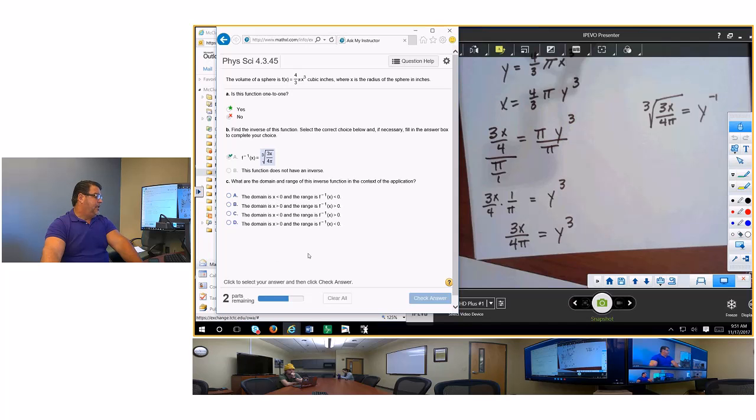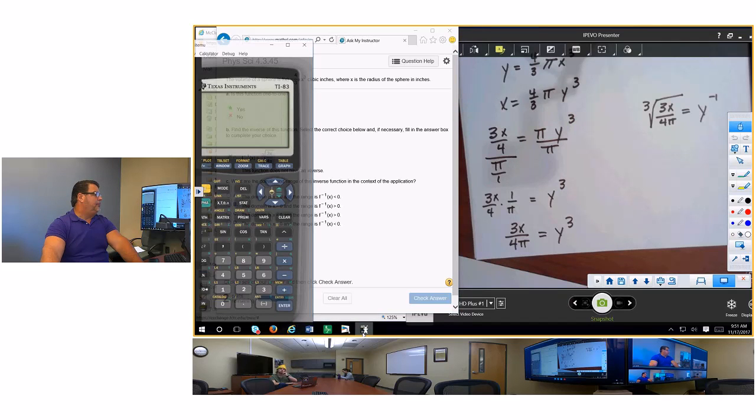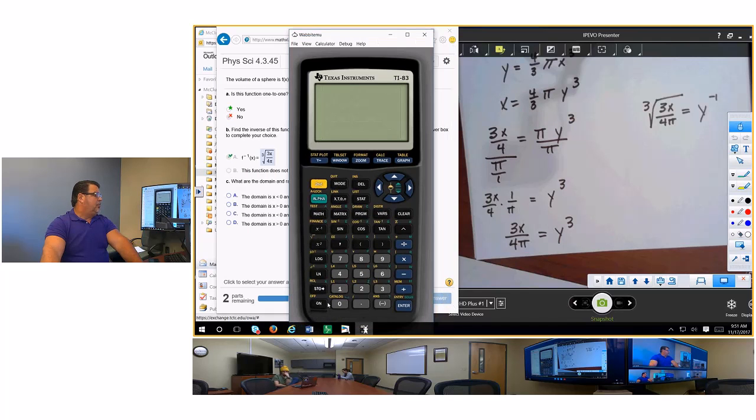So, let's graph it. So, go to the handy-dandy graphing calculator. And we're going to raise all that to the 1/3 power because I don't feel like typing all that in. So, y is equal to... there's that function. We'll do this function in dark color. And that's going to be parentheses 3x divided by 4 pi, raised, use the up arrow, to the parentheses 1/3 power and graph.